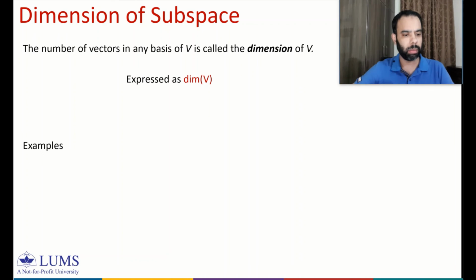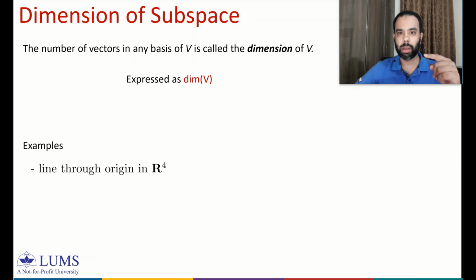So a couple of examples. If you have a line through origin in R4, what is the dimension of this subspace? The dimension of this subspace is 1. What's the dimension of a plane through origin in R3? The dimension of this subspace is 2, because it is a two-dimensional plane in R3.